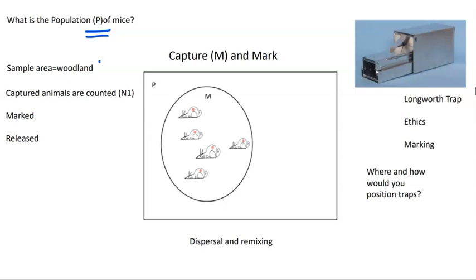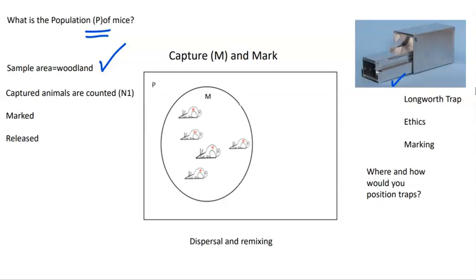The sample area is the woodland, and what we would first do is we would set the Longworth traps, and then leave the traps in position for a period of time that we consider appropriate.